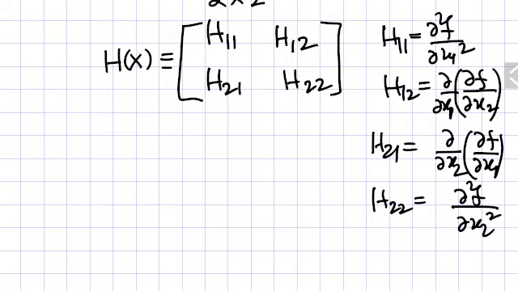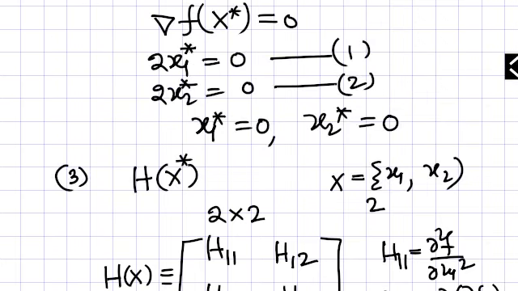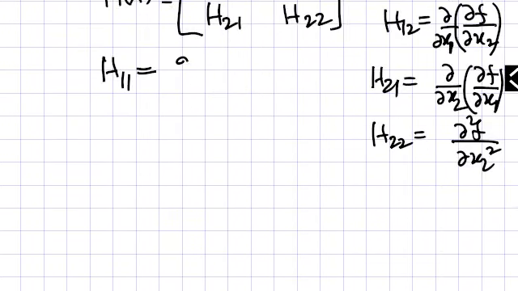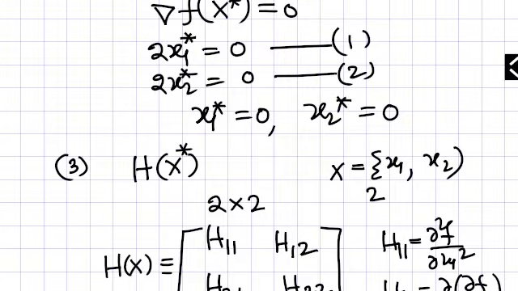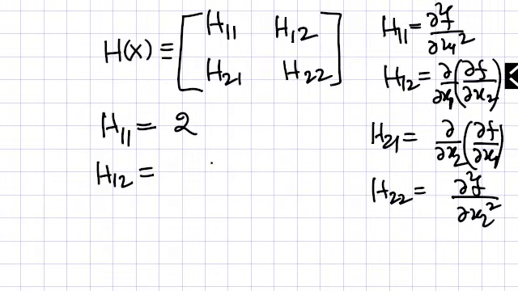So when you do these things, you will find that H11 will be, if you double differentiate this thing with respect to x1, then you will find 2, and H12 will be, you have to first take this thing and differentiate with x1, then it will be 0 because it is constant.